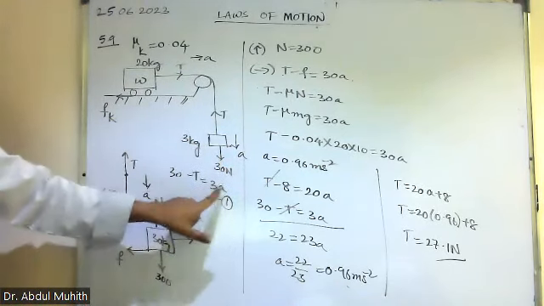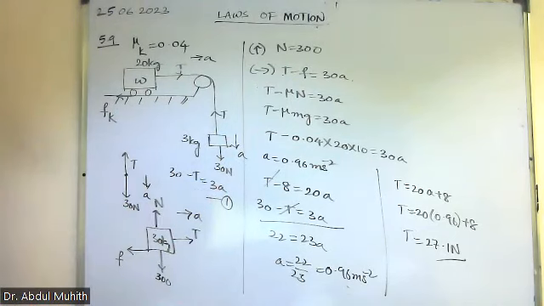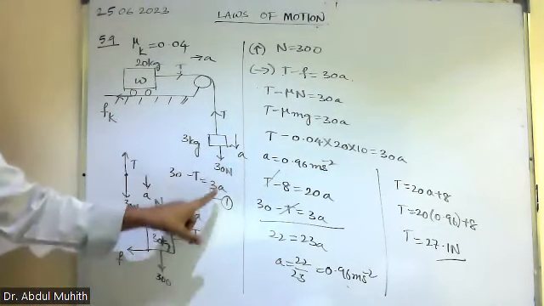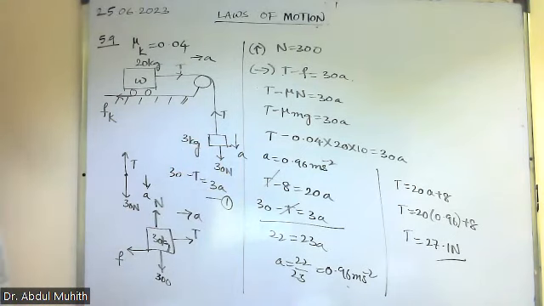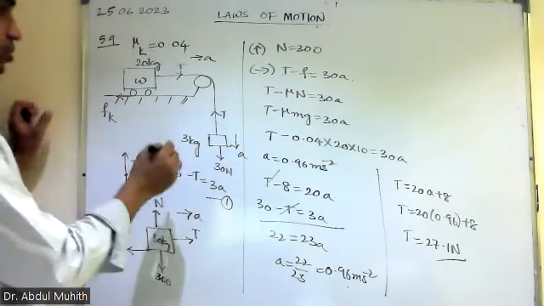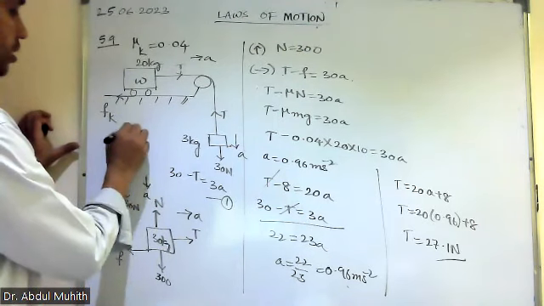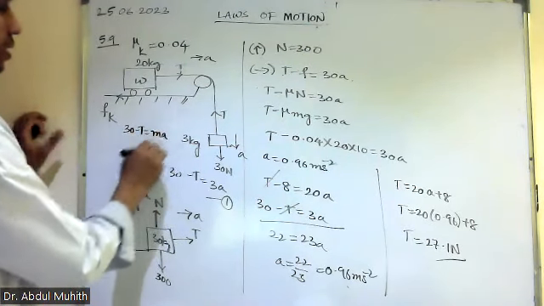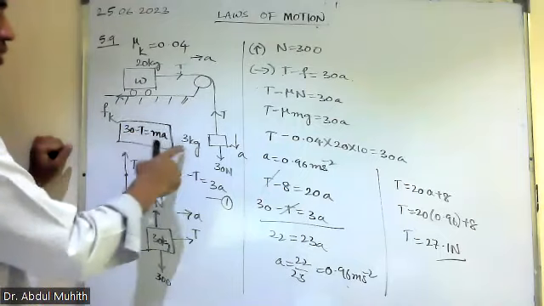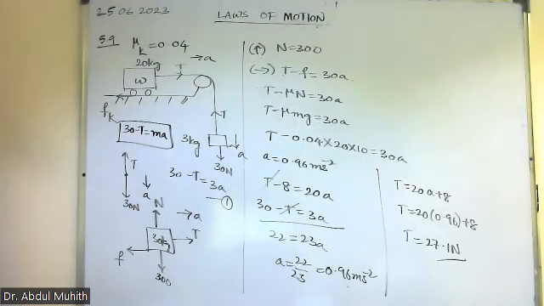M is 3, A is acceleration, so 3 into A, 3A. Got it? So 30 minus T is equal to MA. Yes. Okay.